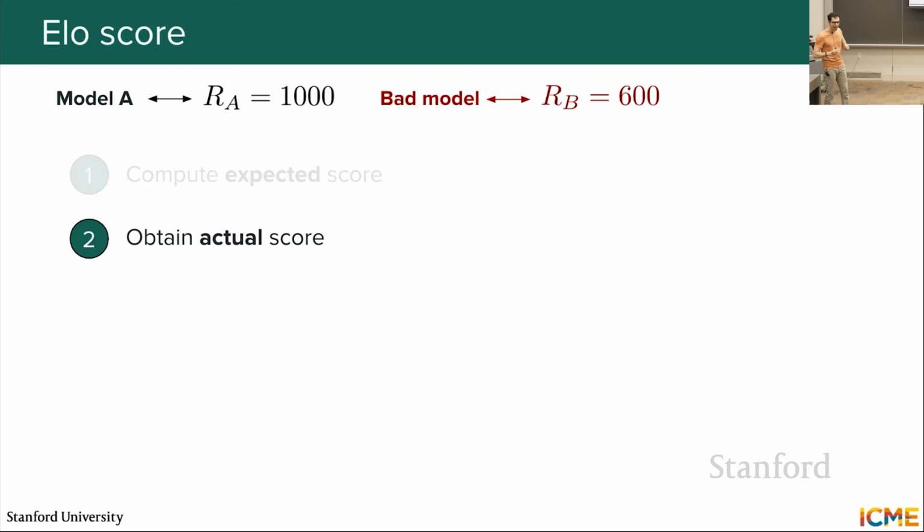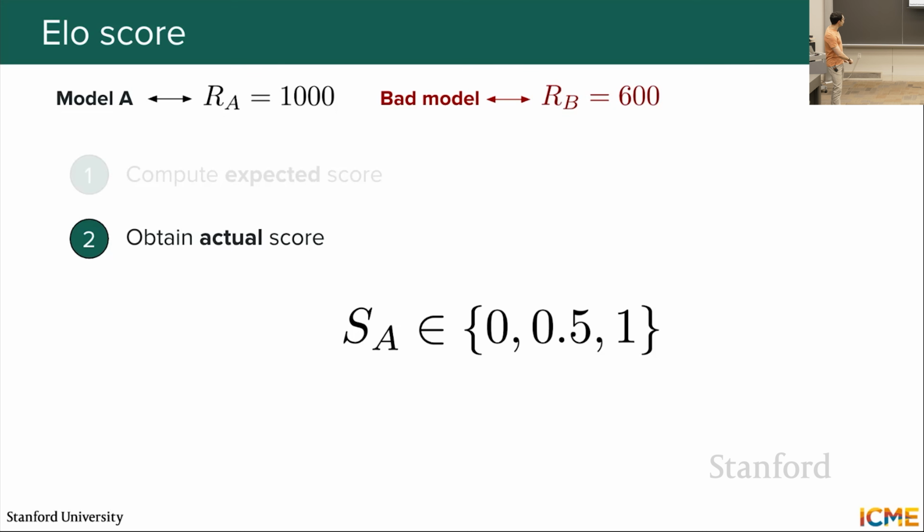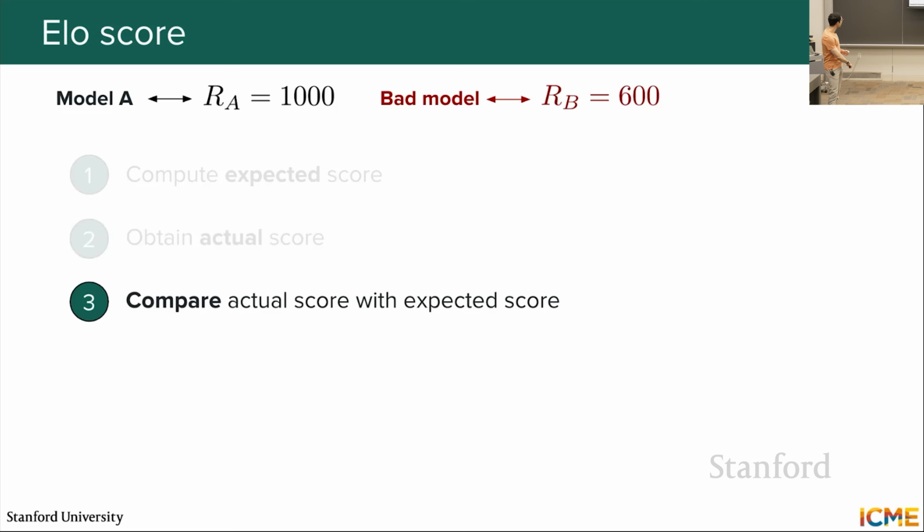So now that you have your baseline, what you want to do is compute your actual score. So actually compare the two models. Here, the outcome can be one of three things. You can either lose, be tied, or win over the bad model.